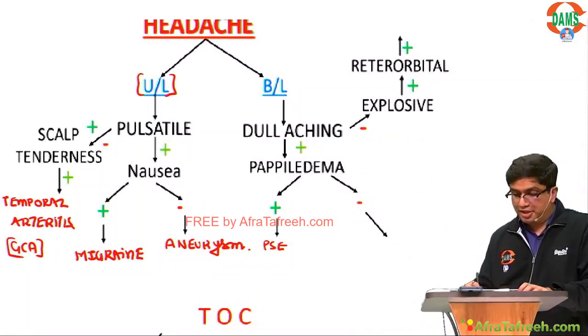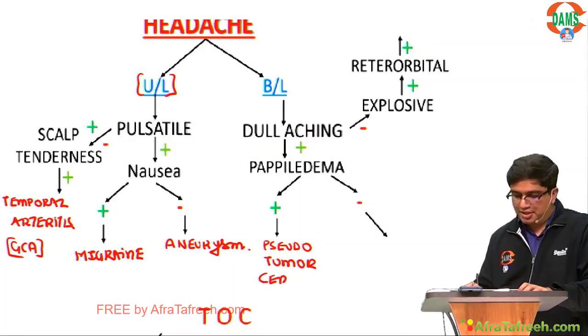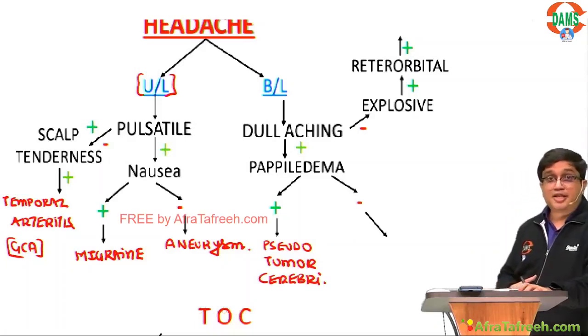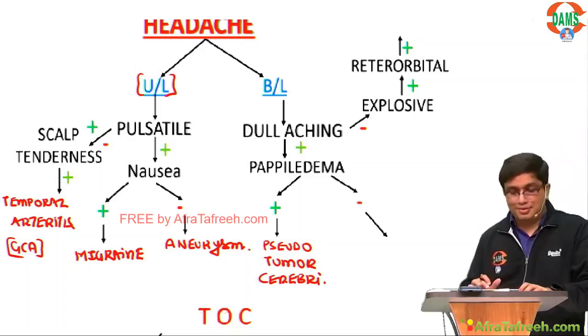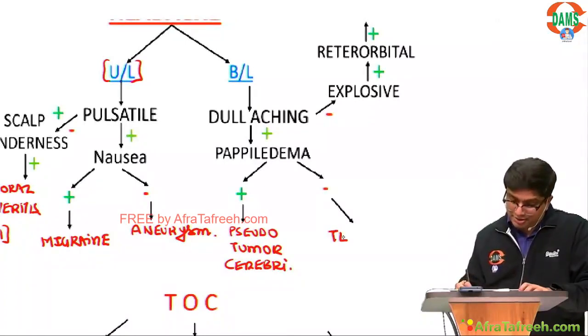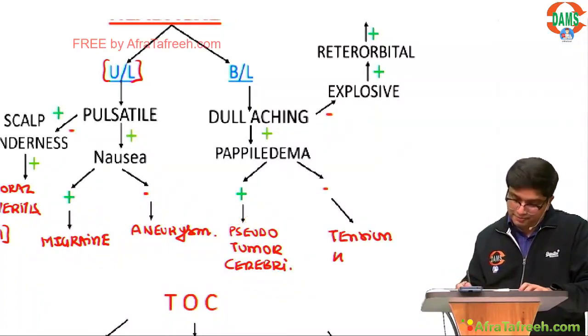Pseudotumor cerebri. Think about pseudotumor cerebri. Raised ICT. Intracranial hypertension. Benign. Now your patient has got a dull aching headache without papilledema. It can be a band-like sensation on the head region. The tension headache that we have got, or the tension type headache that we see.